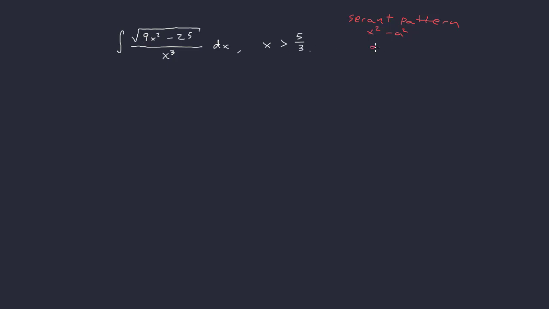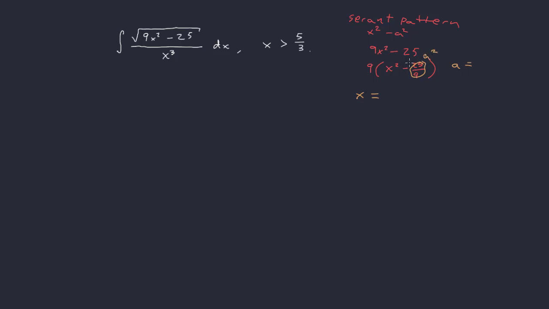We saw something somewhat like this in the last video. There are a lot of ways you can go about doing it. If I take this and factor out the 9, you'll get x squared minus 25 over 9. So what we can do is set this transformation up as x equals a secant, but we're going to use this 25 over 9 as our a squared.